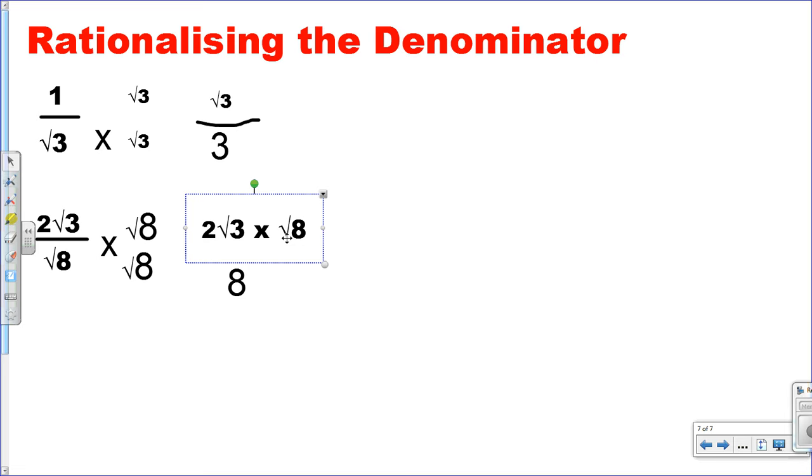Okay, so from our previous slide, we talked about multiplying surds, and we know that 3 times 8 equals 24. So what would happen here is you'd get 2 square root 24.